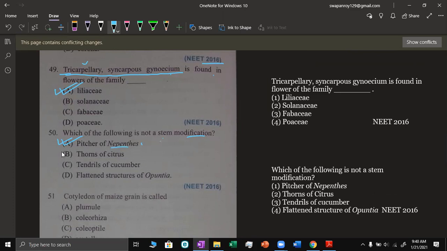All these three are stem modifications: thorns, tendril in cucumber, which is also a stem tendril, and the flattened structure of Opuntia, the phylloclade of Opuntia. This is a stem modification.